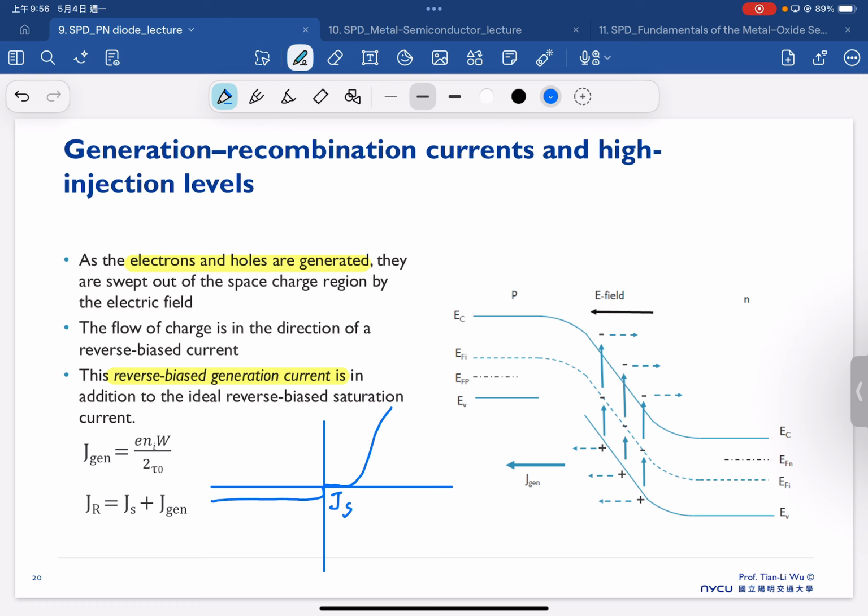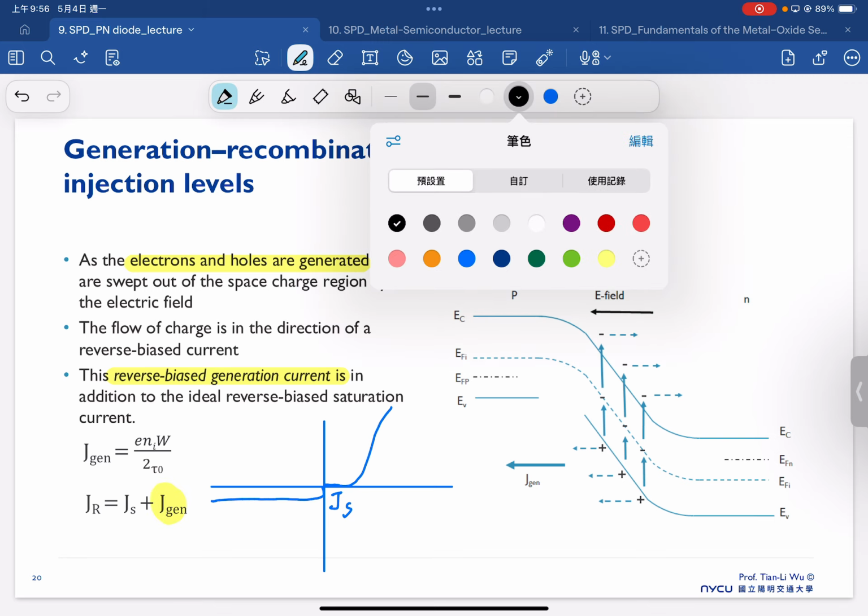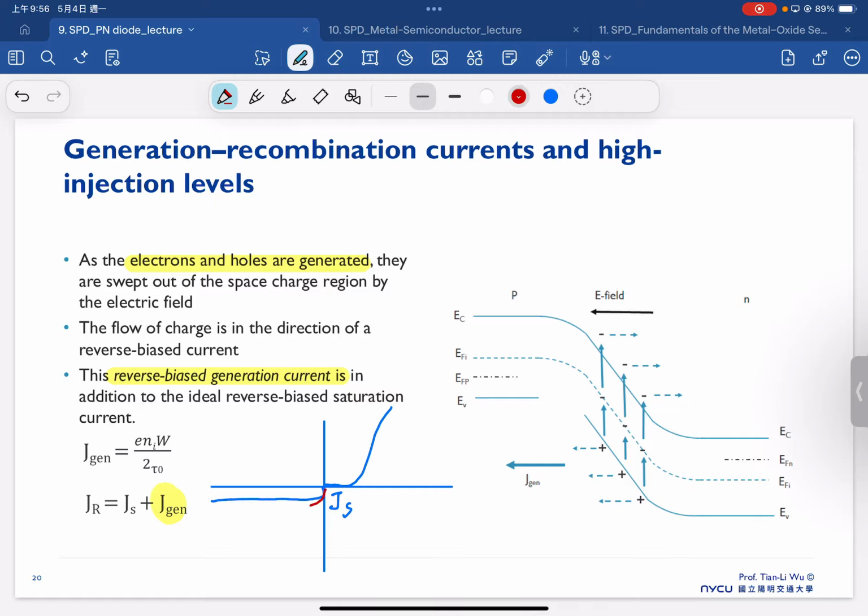But if we take into account this additional generation current, we will see in reality the reverse bias always gets a higher current than this pure reverse saturation current, and this difference is mainly due to this additional reverse generation current.